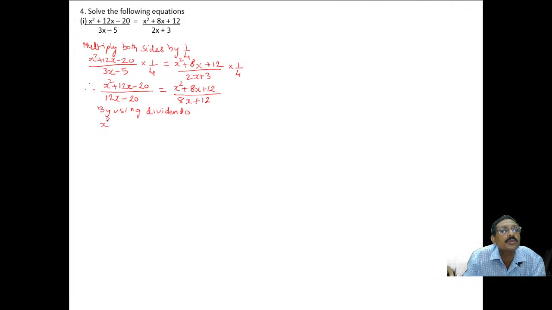We write x square plus 12x minus 20, and because we are using dividendo, we will get minus 12x, and this minus into minus will become plus 20, upon 12x minus 20, which is equal to, here also we are going to use dividendo.